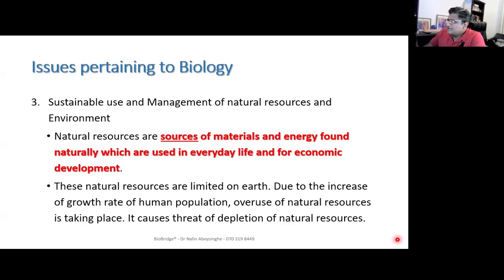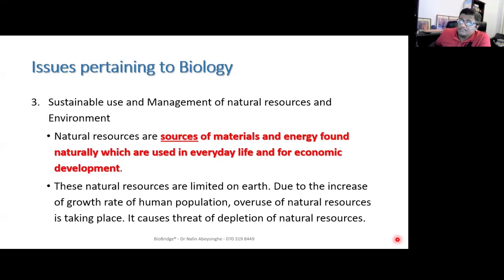It's a source of material and energy found naturally, which are used in everyday life and for economic development. So all those words are important in the definition.